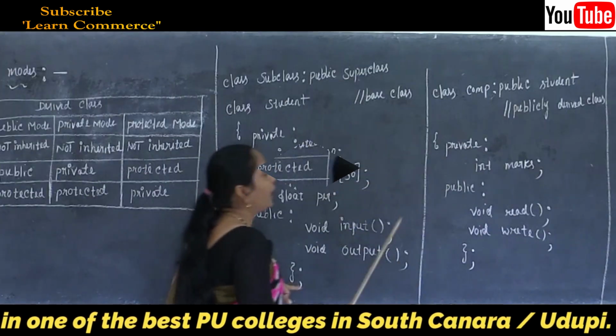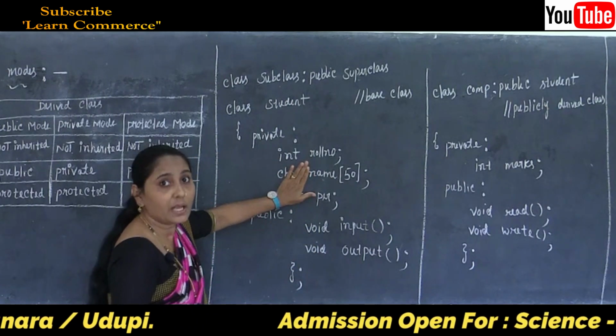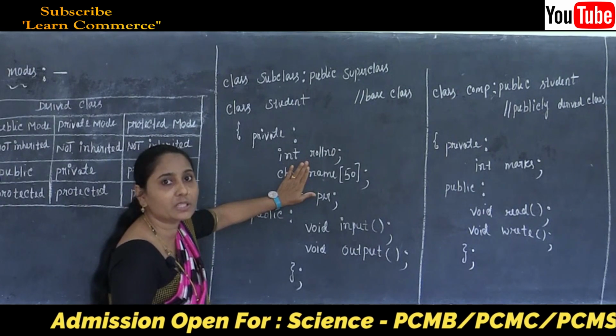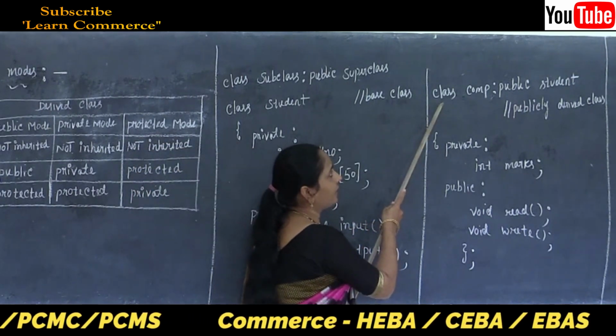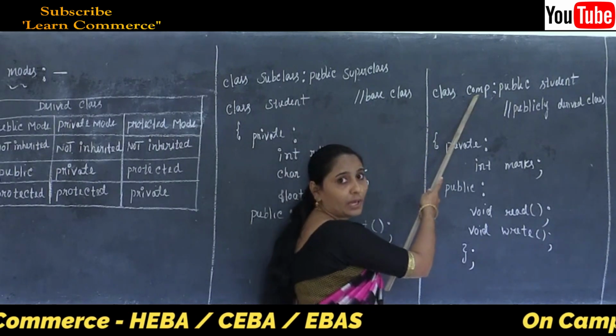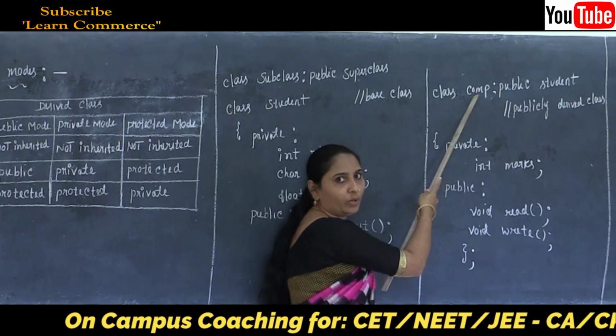Okay, here. And later by using the base class, now I want to construct one new class. So how am I going to construct? By using the definition of the derived class. The definition of the derived class is the class. Now the new class name I want to use is COMP, that is computer, COMP only I am using here.